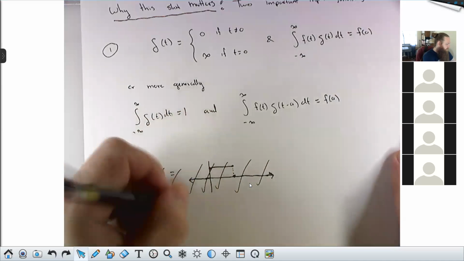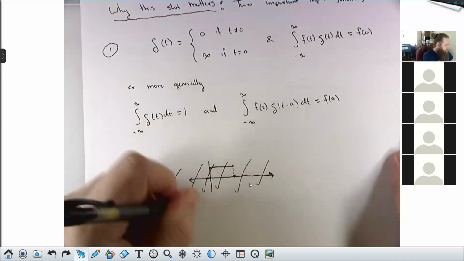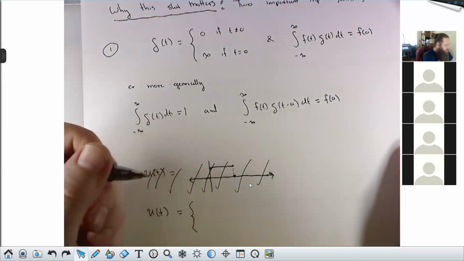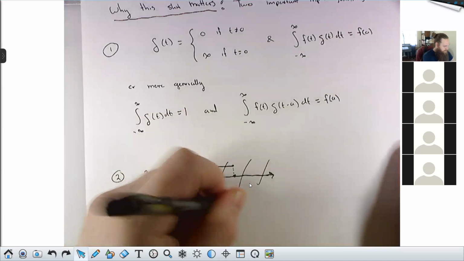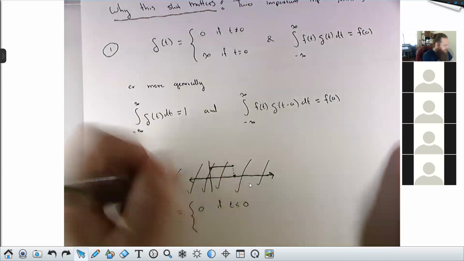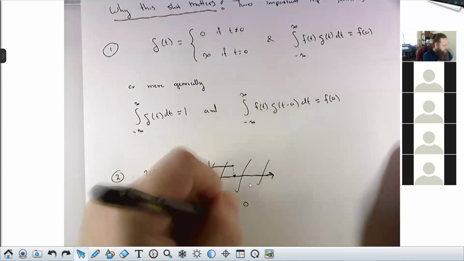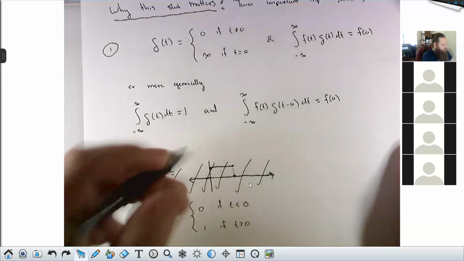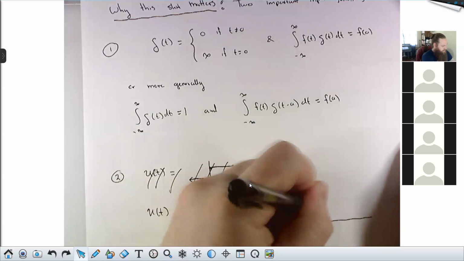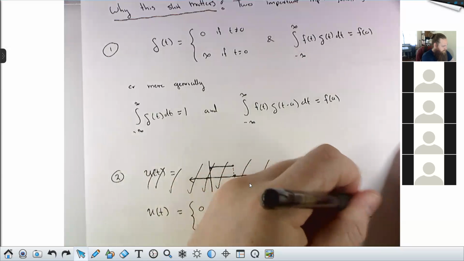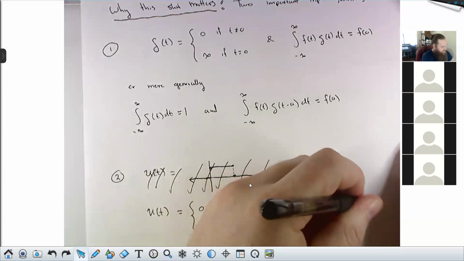The one your book uses is defined piecewise to be 0 if t is less than 0, and 1 if t is greater than 0. So his graph would actually look like this.